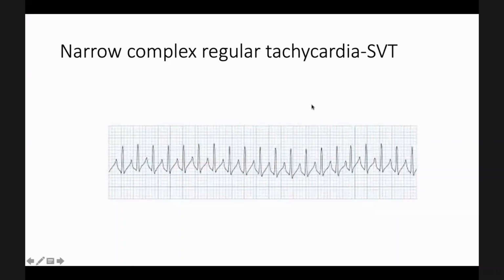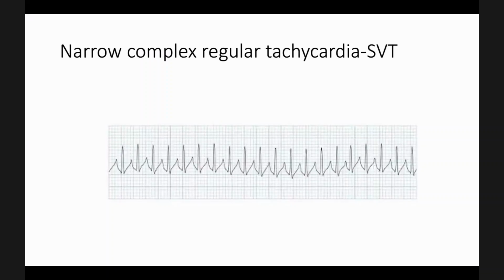Okay. So how do you manage these patients? If you see this kind of ECG, it's regular and narrow complex. You can see this QRS is less than 2 small squares. So how do you manage these patients? Anyone? Madam, we can block the AV node. How do you block the AV node?